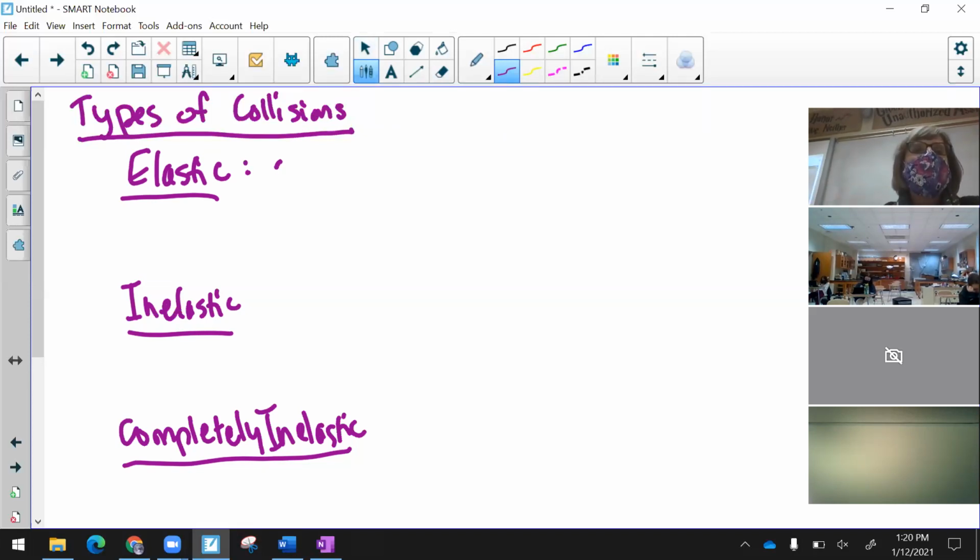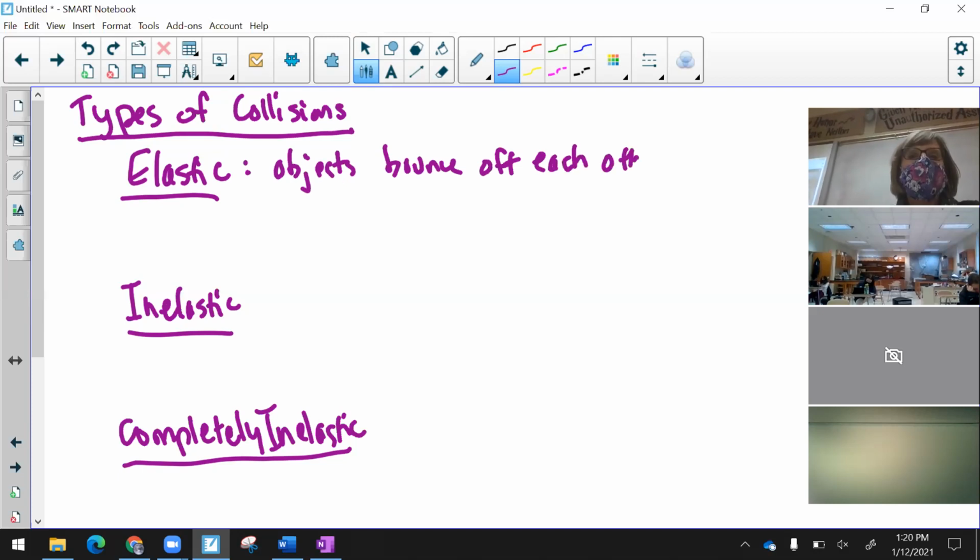So for an elastic collision, the objects bounce off each other. They begin as separate objects and they remain those separate objects. And most importantly, both total momentum and kinetic energy are conserved.